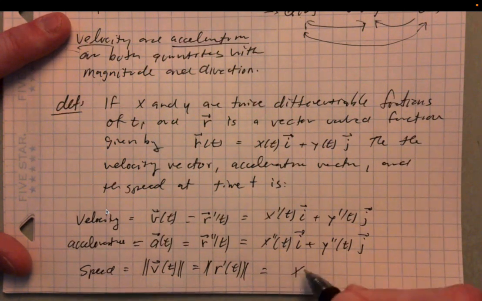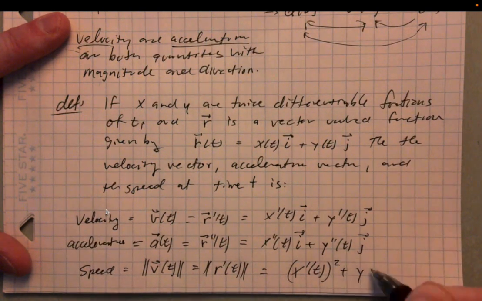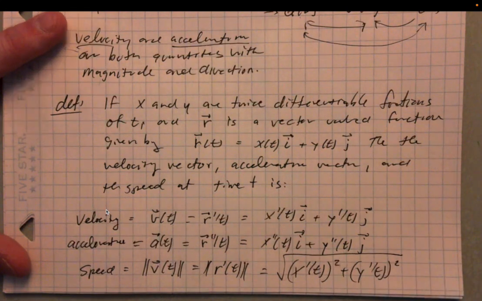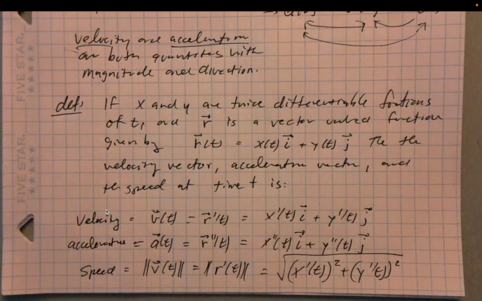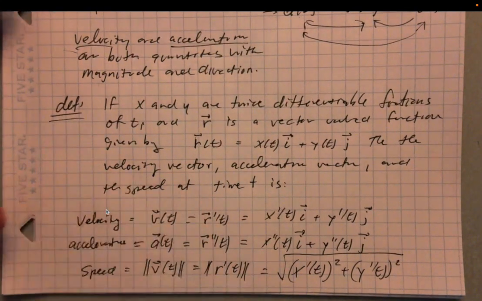We know how to calculate that. It's going to be x prime of t squared plus y prime of t squared, and take the square root. All right, so there we go. That is velocity and acceleration. That's the definition here.